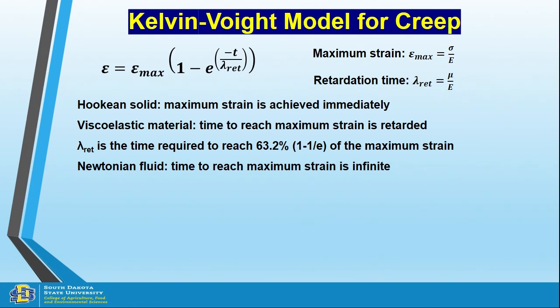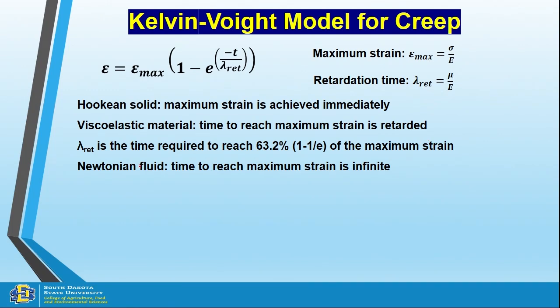So for a viscoelastic material, if it is a Hookean solid, a pure solid, maximum strain is achieved immediately. But for a viscoelastic material, the time to reach maximum strain is retarded. That is called the retardation time, which is the time required to reach 1 minus 1 over e of the maximum strain.